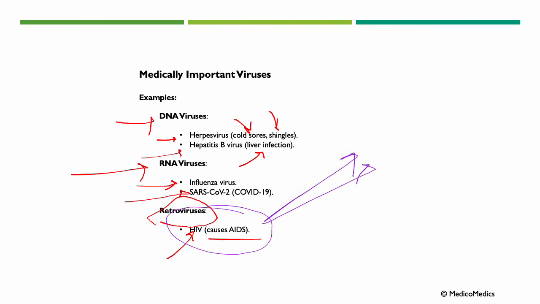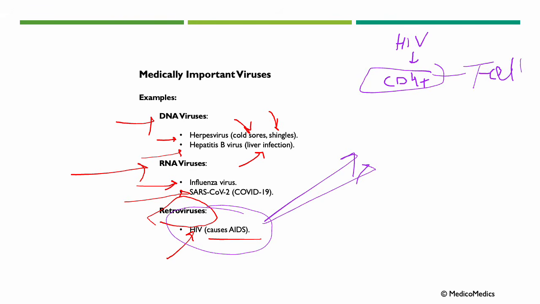Now, just to put it into some clinical context to make it more memorable, let's dive a little bit deeper into HIV and how it causes AIDS. So what happens is that HIV enters the body and it targets our CD4 plus. These are actually called T helper cells. But these are part of our T cells.